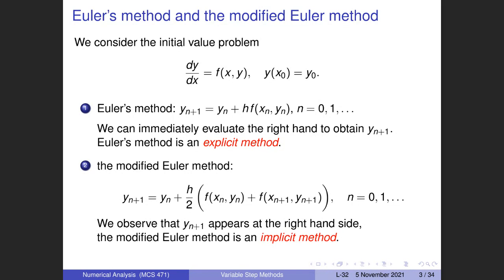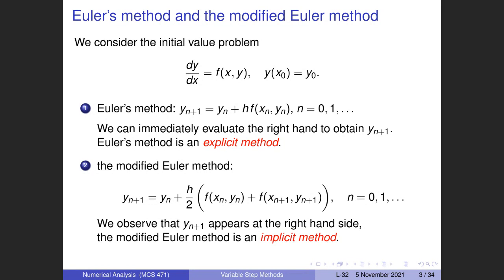The modified Euler method is obtained by applying the trapezoidal rule to the right-hand side, and that is our first example of an implicit method, because the next value that we want to approximate appears both at the left and the right-hand side.